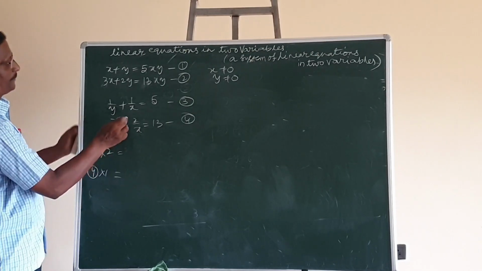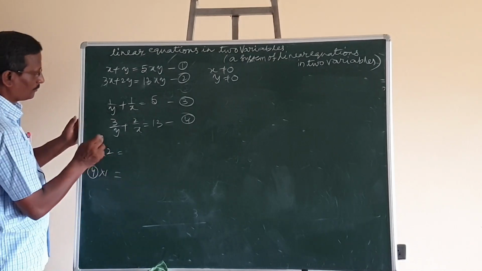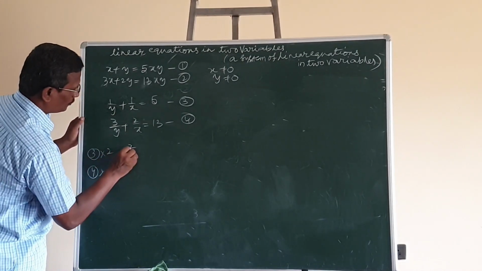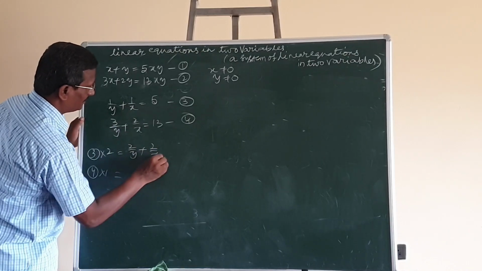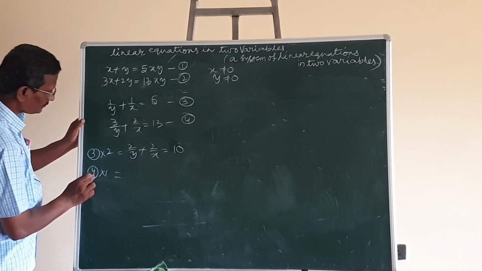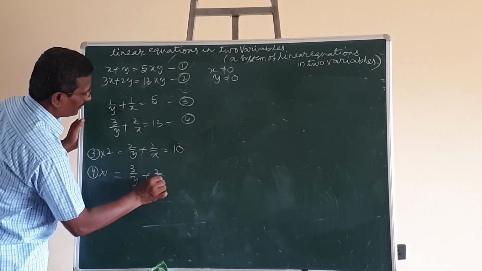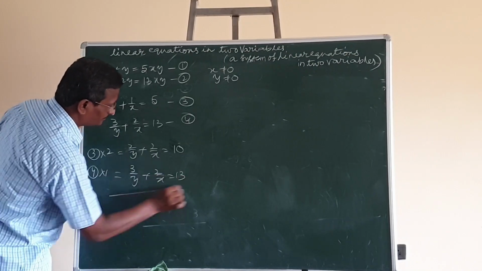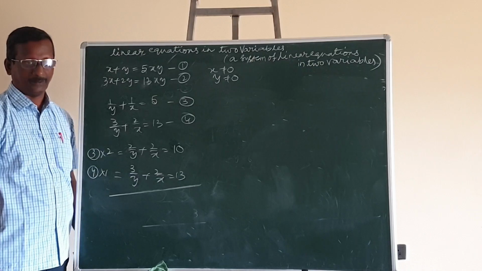It is for the purpose of equating the coefficients of 1 by x. So 2 into 1 by y is 2 by y, 2 into 1 by x is 2 by x. This is 2 into 5, 10. Equation 4: 3 upon y plus 2 upon x is equal to 13. This is 2 by x with the plus sign, this is also 2 by x with the plus sign.